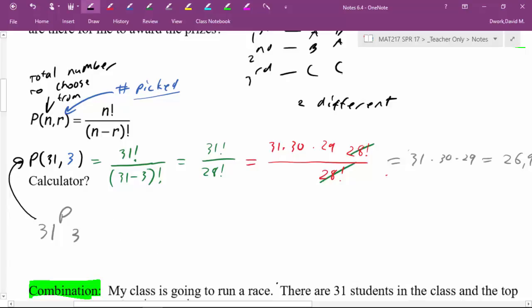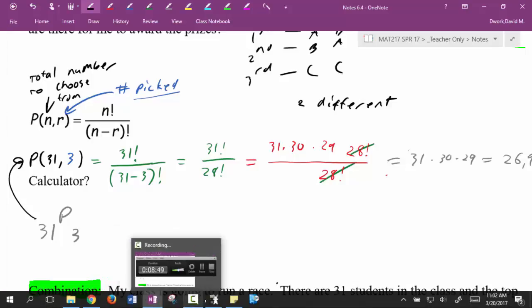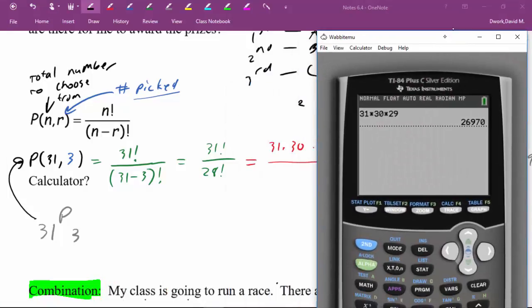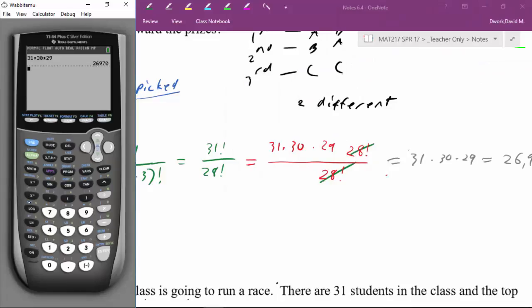Okay. So you can absolutely type this in. So we're going to go over here. We're going to go math. Oh, sorry, no, don't do that yet. I keep doing that. To do this in the calculator, you first have to type in 31. There we go. Now press the math button, and you'll see up here in the menu, there is probability. So we're going to arrow over to probability, and you will see now there's our nPr.